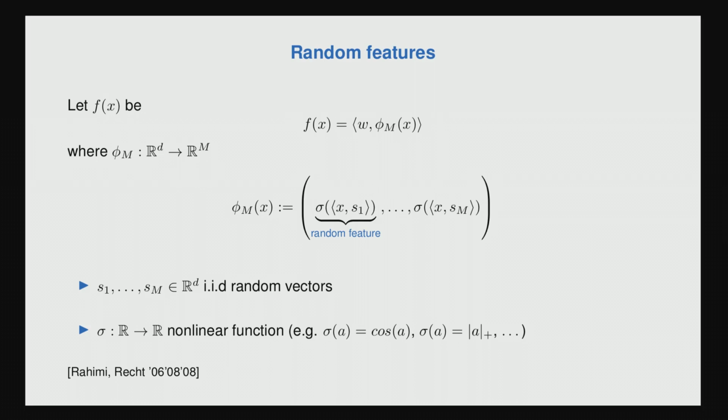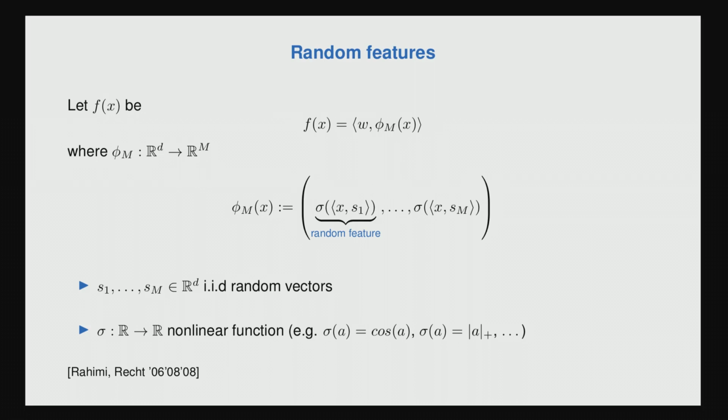What I mean by that is that you take each one of your training points x and you put it through a feature map phi of m, which takes your point and maps it into another space, in particular into R^m. So I'm going to have m features which are nonlinear.